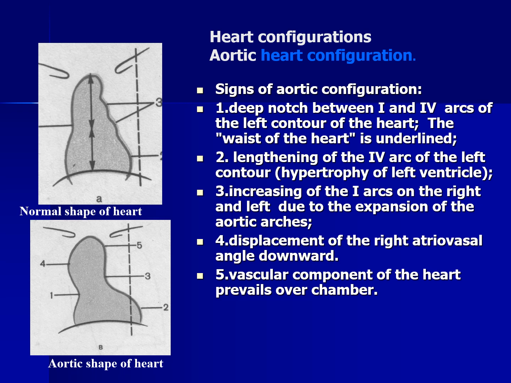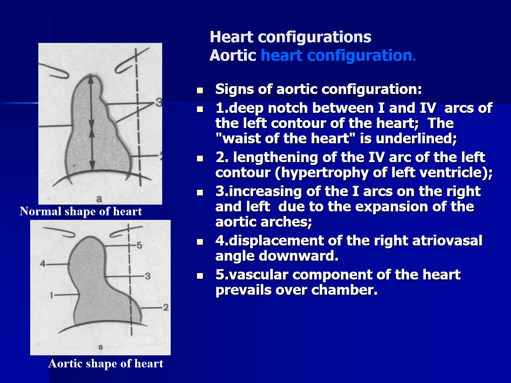The third sign is increasing of the first arches on the left and on the right side due to the expansion of the aortic arches. And the fourth sign, displacement of the right atriovasal angle downward. It goes downward.